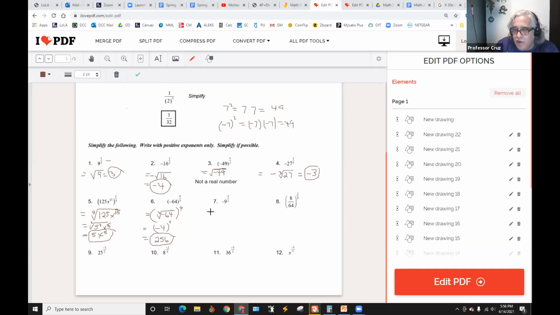So this is going to be negative, and it's the square root. All right, you don't need to put the 2 there, but I'm just kind of showing you. And then this whole thing is going to be cubed. And again, the negative sign is not part of the base. The 9 is the only thing that's in the base.